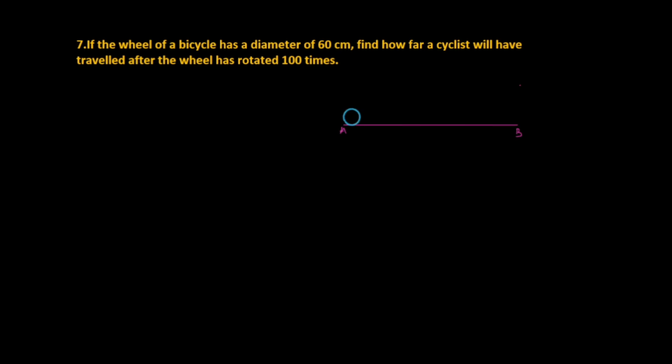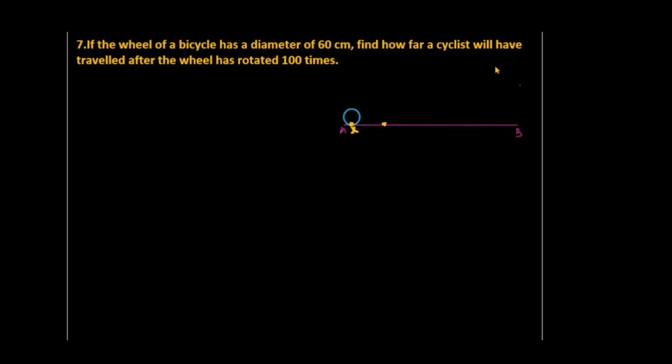If I am marking a point on the wheel, say this point, the contact point of the wheel and the floor is say X. Now the wheel rotates one time and once again the X point is here.